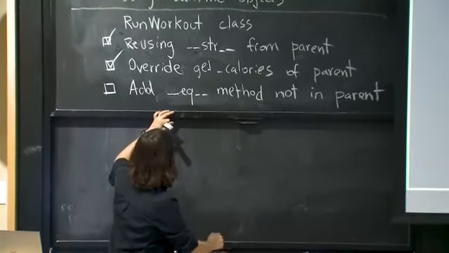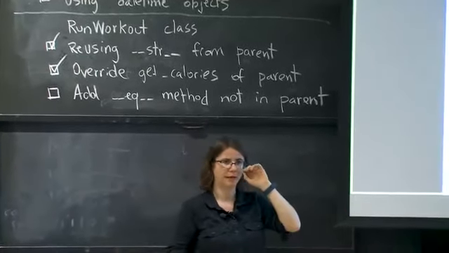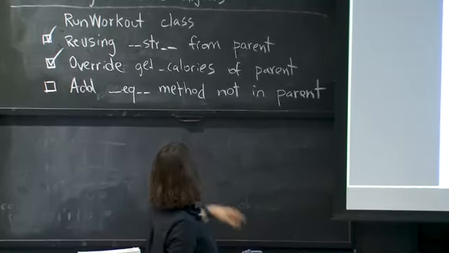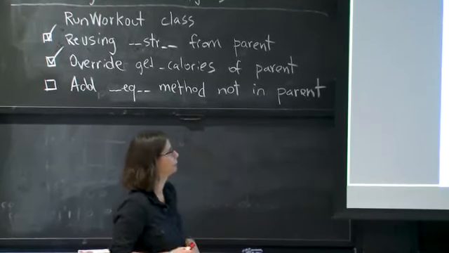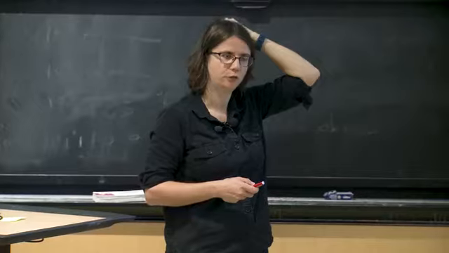And now we're going to do one more thing, which is to add something new to run workout that didn't actually exist in workout, although I guess I am implementing it in workout. So it's not actually adding new, but we're going to override it anyway. So for the class workout, let's say that we want to compare two workouts together.